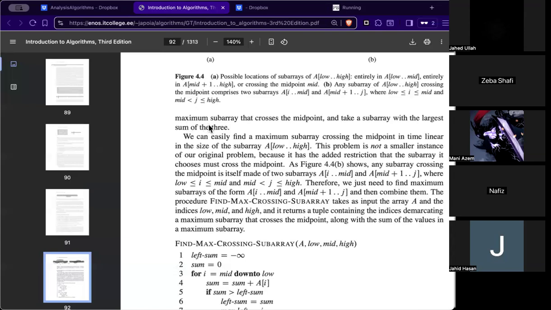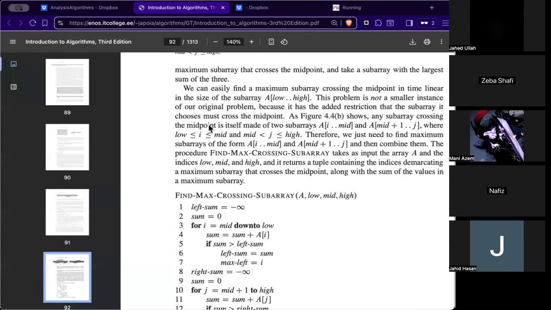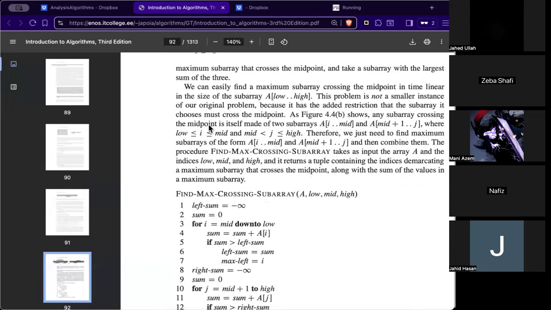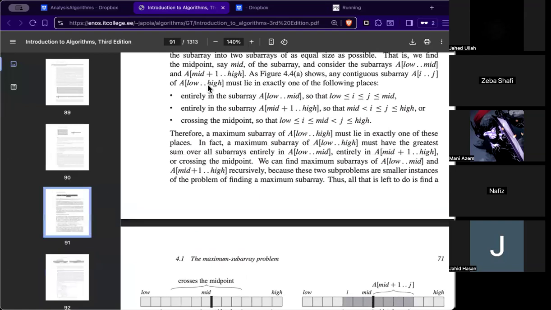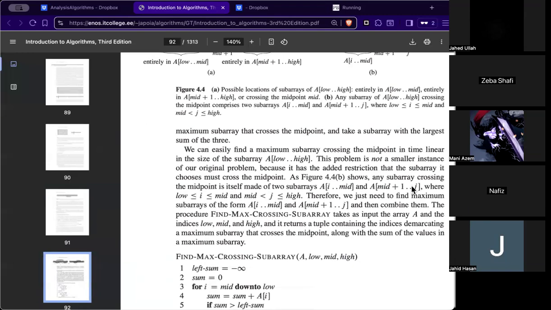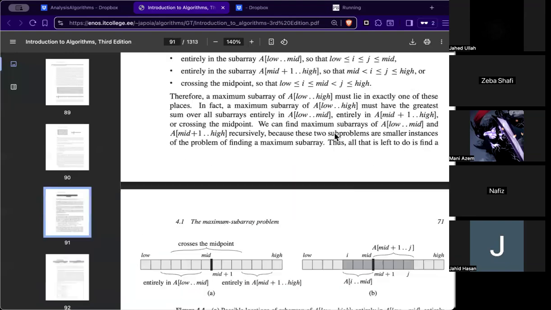Okay, so now here's what we do. You're going to take a subarray with the largest sum of the three possible situations. Okay, so that's what we need to do to find a maximum subarray that crosses the midpoint.